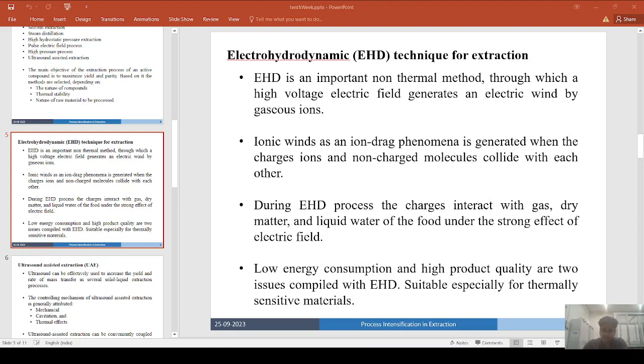Bagasse is the leftover part of the sugarcane after the extraction of sucrose. Sugarcane bagasse is the largest cellulosic fibrous agro-industrial residue left over after the sugar extraction, and is mainly considered a waste which affects the environment.